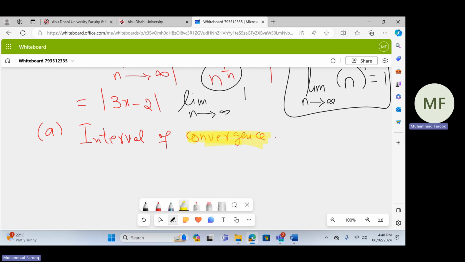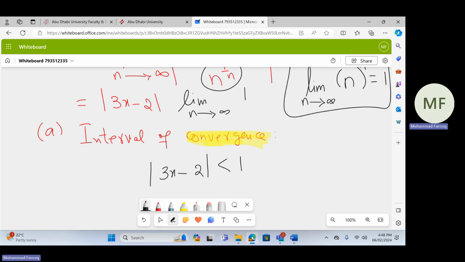So the absolute value of 3x minus 2 must be less than 1, because that is the requirement of the ratio test and root test.